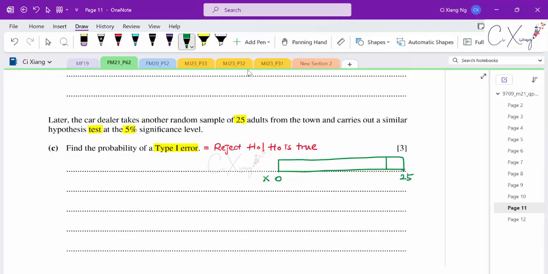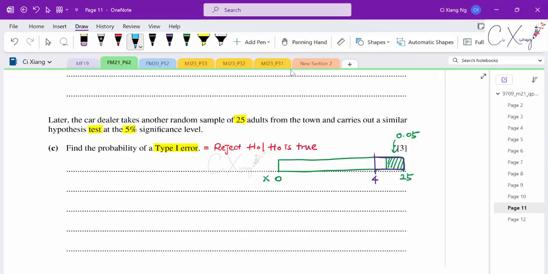And then I know that my rejection region is 0.05. From the first part of the question just now, when we carried out the test, we know the probability of x greater than or equal to 4 is 0.135, which is larger than 0.05. So from here, I know that 4 falls under the acceptance region.